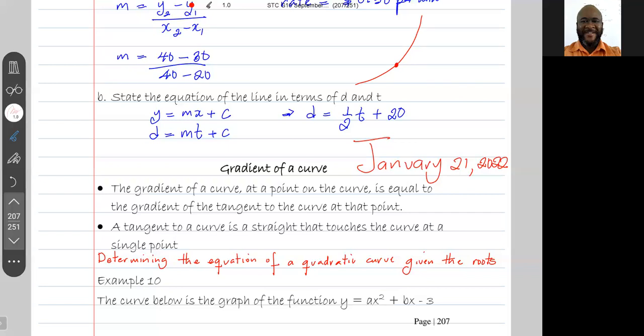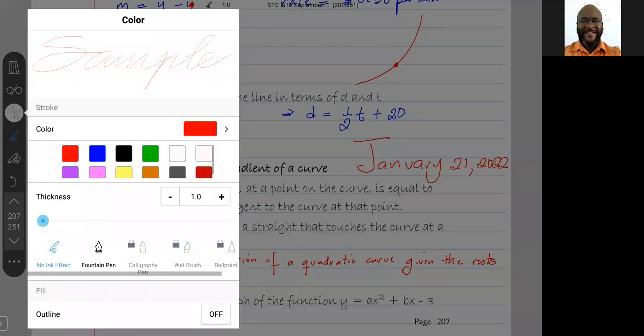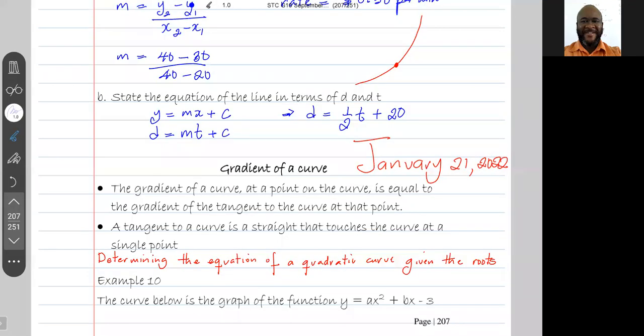So let us say I want to determine the gradient of the curve at that point. I can't really do it because at this level, there's no direct way to find the gradient of a curve. We can't directly find it, but here's what we know.